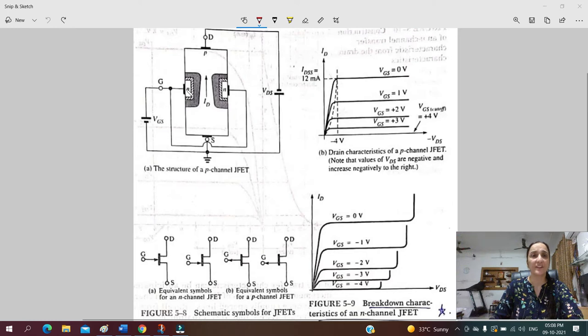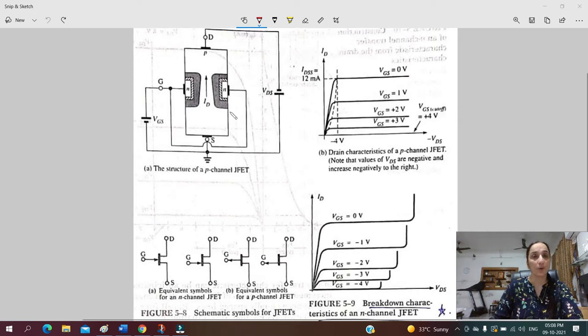Okay, now to construct a P-channel JFET, we will take a lightly doped P-type semiconductor bar and two heavily doped N-type regions are embedded on each side of this bar.